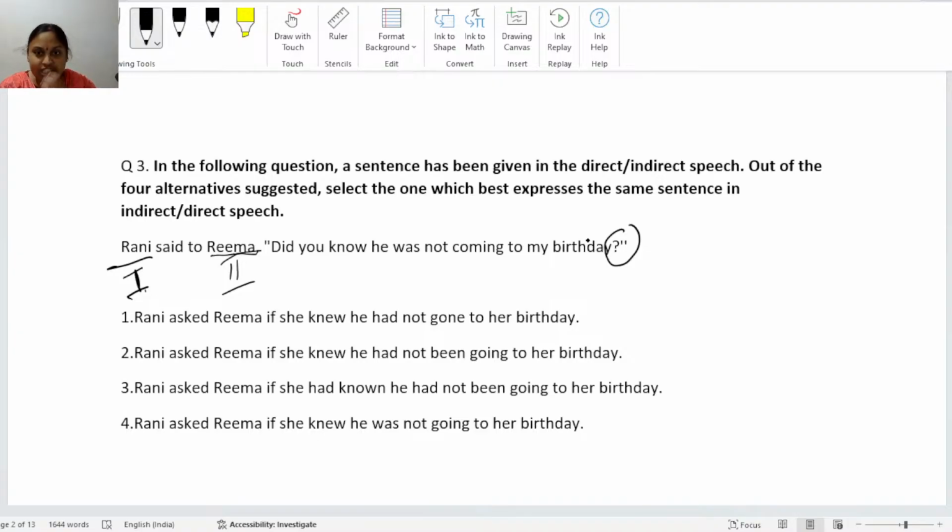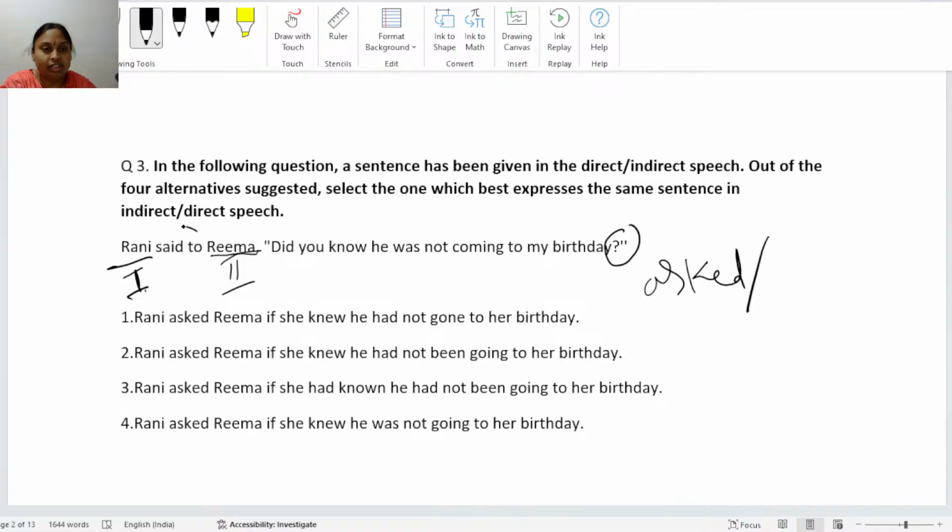So how are we supposed to convert? Here the question mark is there, no? Whether they will come or not, it is not decided, they are just discussing. So here, instead of said to, we have to take asked.